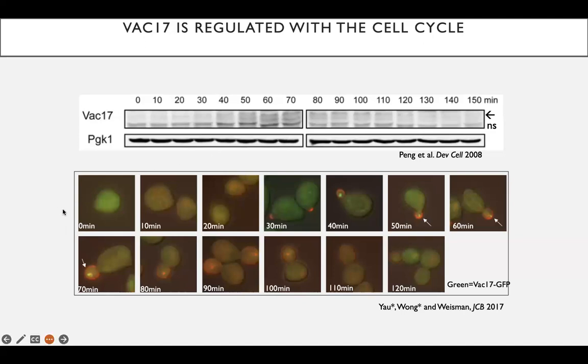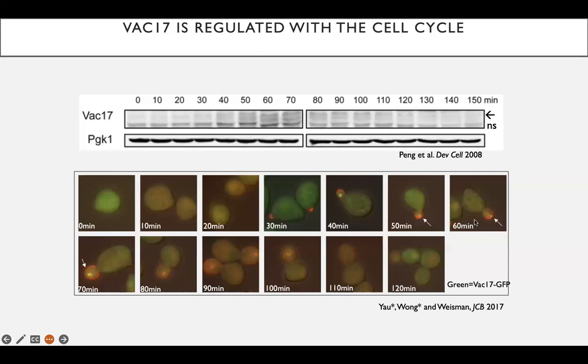This is also shown down here with these fluorescence microscopy images. In green is VAC17 fused to GFP. In red is a different protein. We'll actually discuss what that different protein is in class. But you can see that VAC17 GFP, the synthesis of the protein and its turnover, matches well with this Western blot data, where at the 40-minute mark, you start to see the synthesis of this protein.